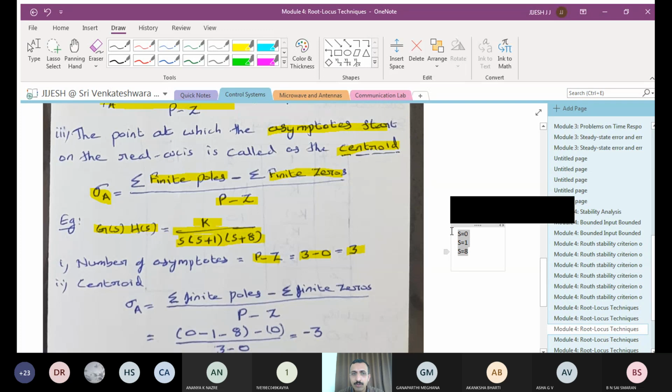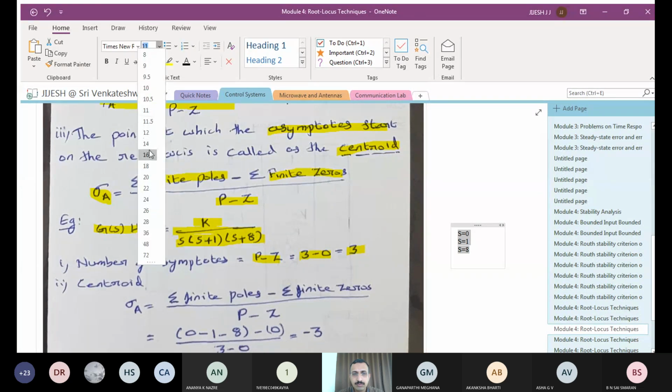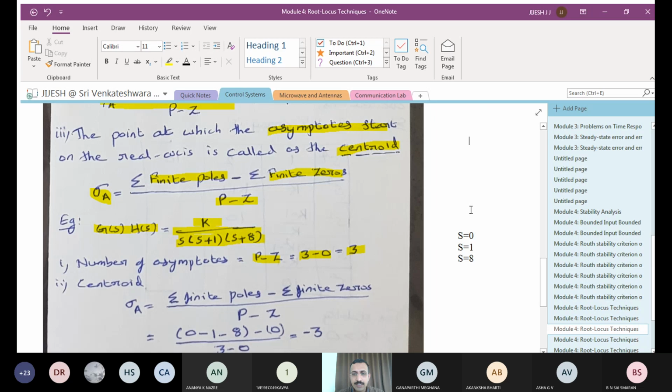So these are the 3 poles which are available. Summation of finite poles means you have to take the summation of these. So s equal to 0, s equal to minus 1, and s equal to minus 8. You are going to get 0, minus 1 and minus 8.